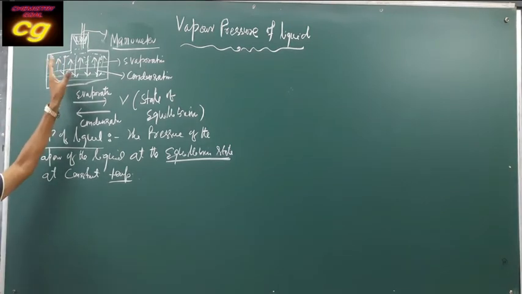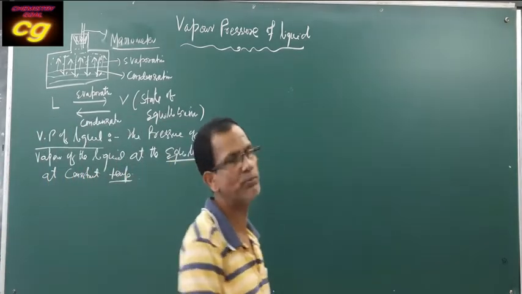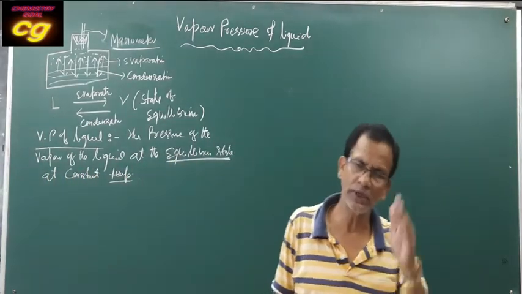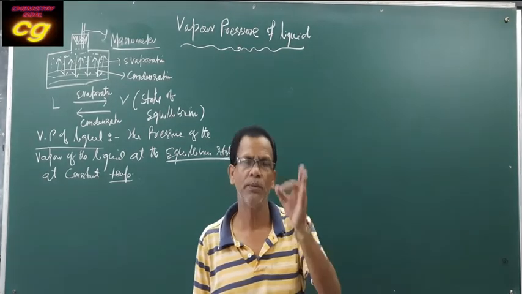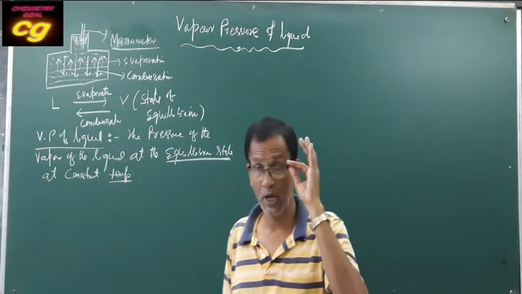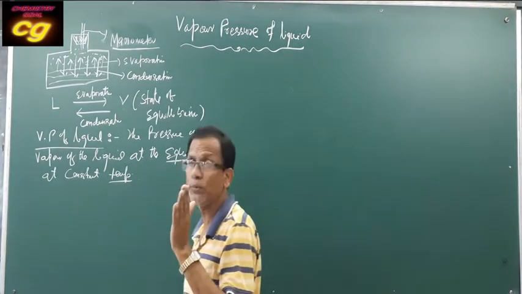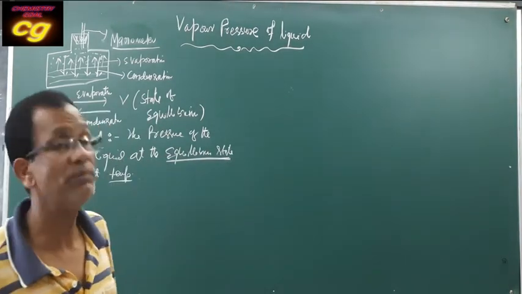All liquids have vapor pressure. A liquid has some fixed vapor pressure at a particular temperature. For a particular pure liquid at the same temperature, vapor pressure is constant. But the vapor pressure of liquid can be changed, can be affected.